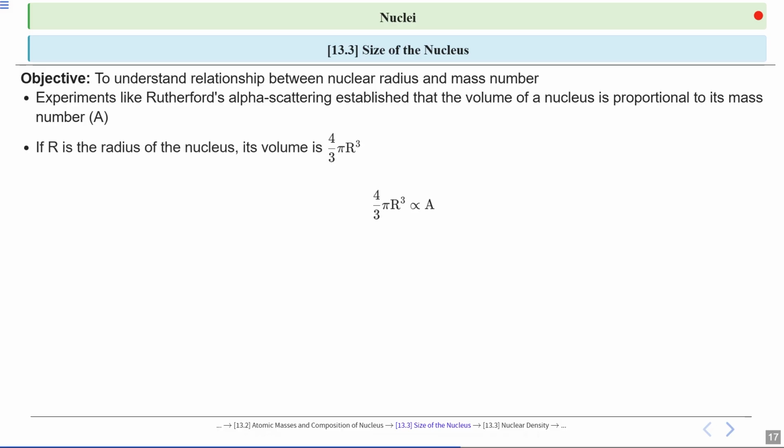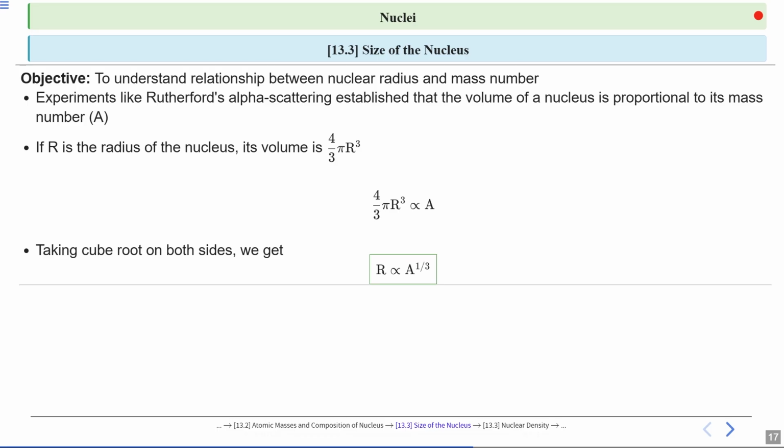Now let's connect this to the formula for the volume of a sphere, which is V equal to 4 by 3 times pi times r cube, where r is the radius of the nucleus. Since the volume is proportional to A, we can write 4 by 3 pi r cube proportional to A. This means that as we increase A, the radius r must also increase, but not in the simple one-to-one way.